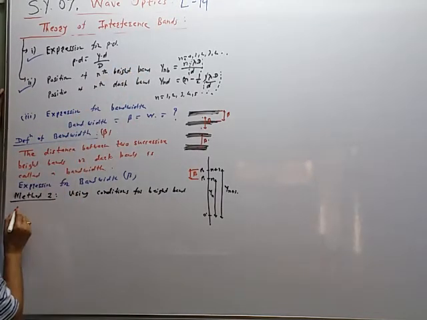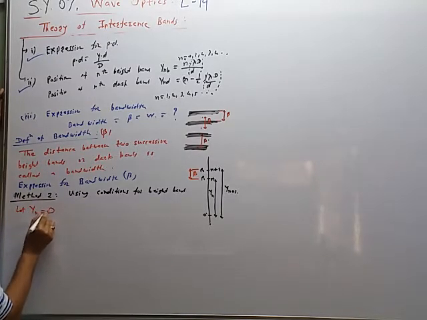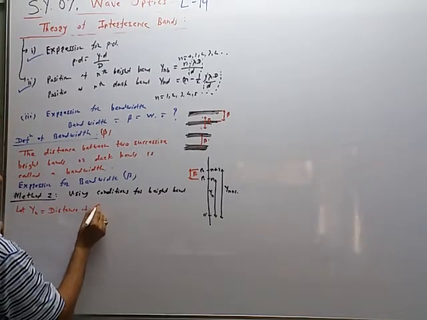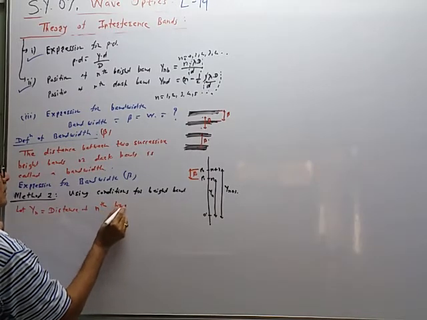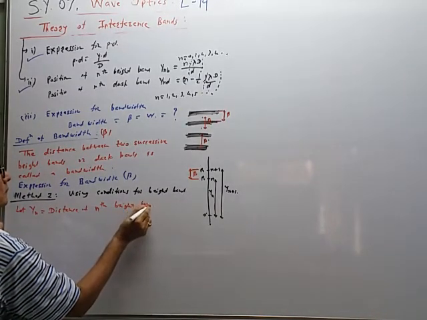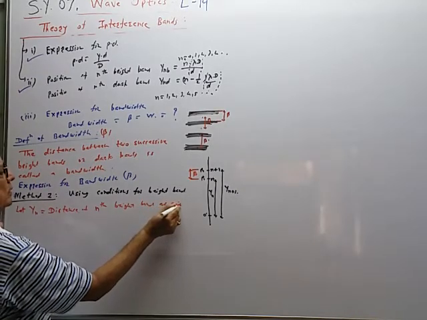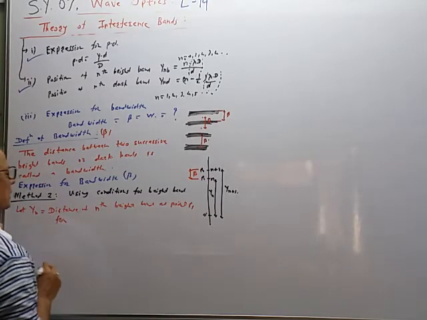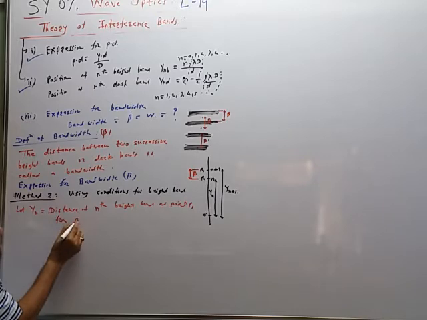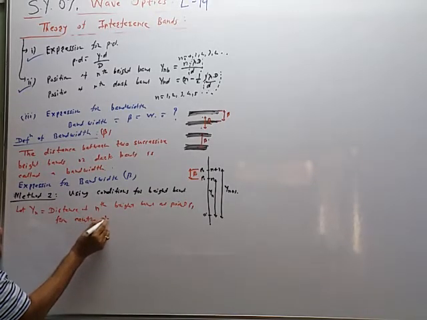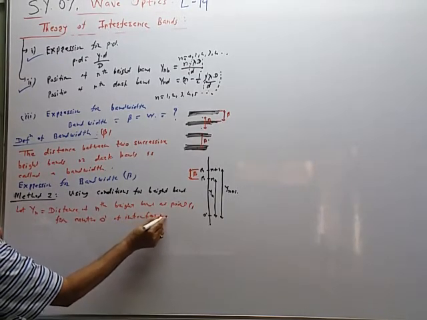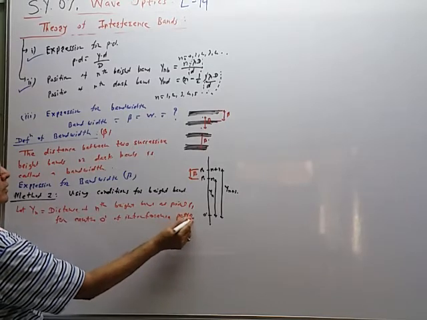Now using this formula, let yn be the distance of the nth bright band at point P1, the distance of the nth bright band from the center O dash of the interference pattern.